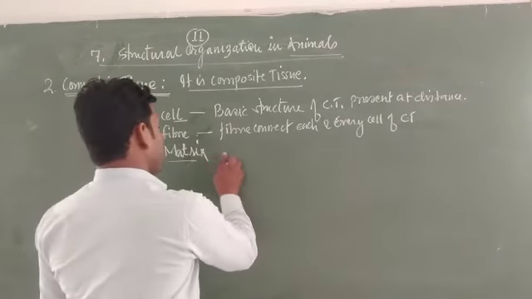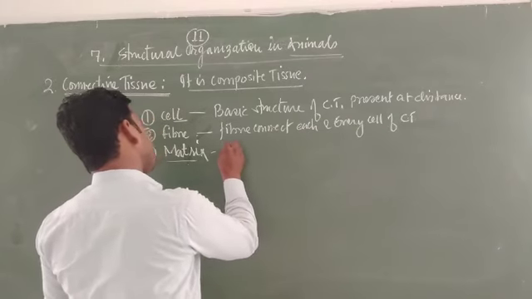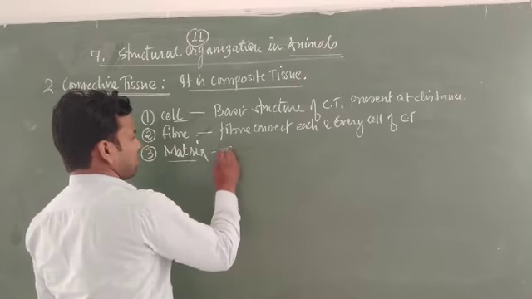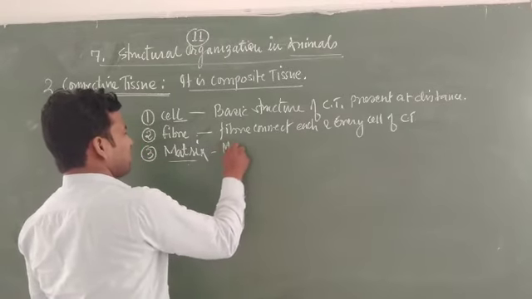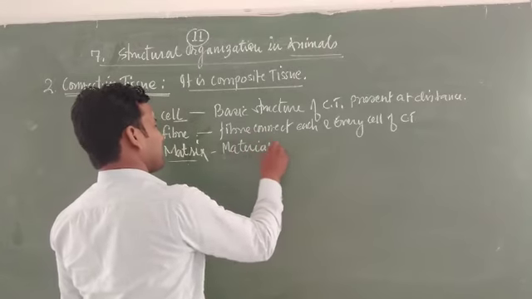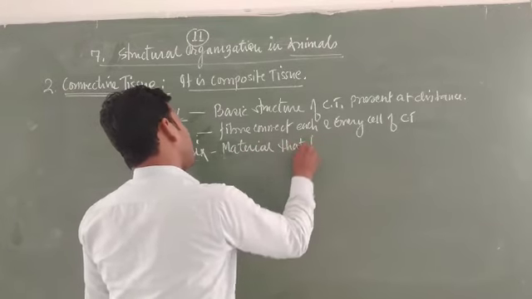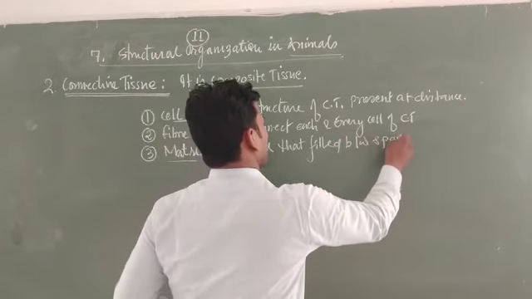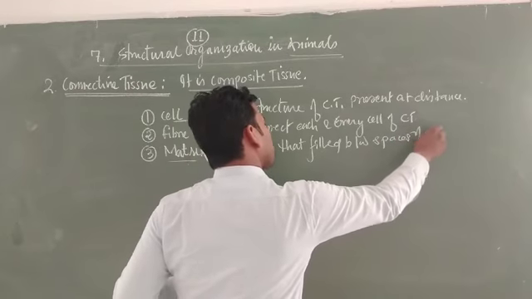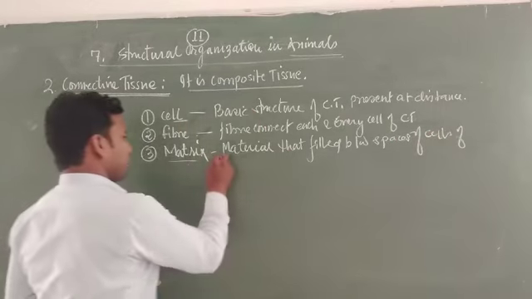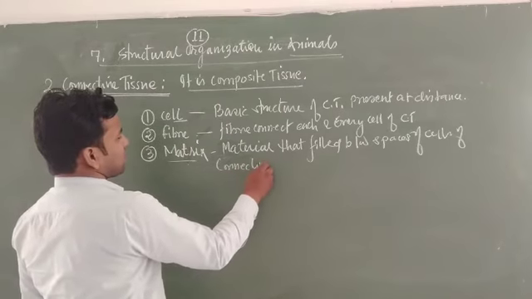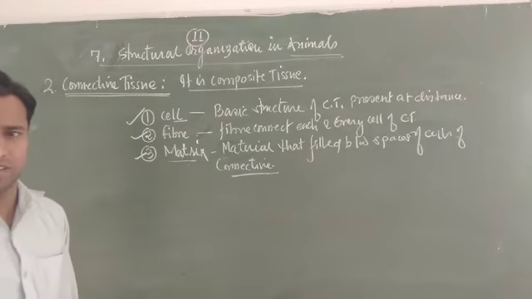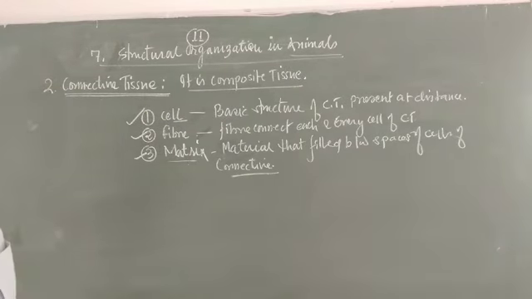It is the ground, basic material that fills the spaces between the cells of connective tissues. Especially students, in connective tissue all these three components, cell, fiber and matrix, must be present. This one is the connective tissue.